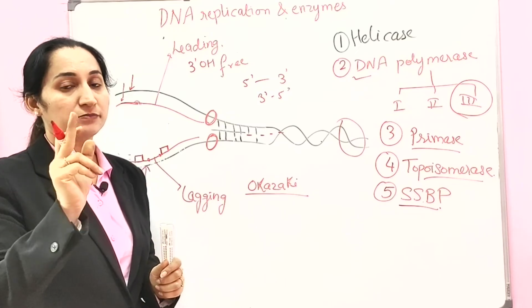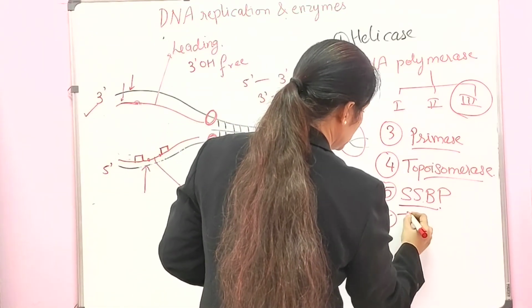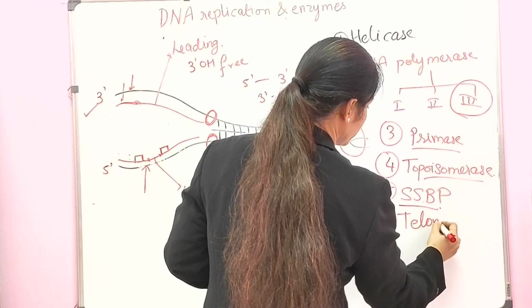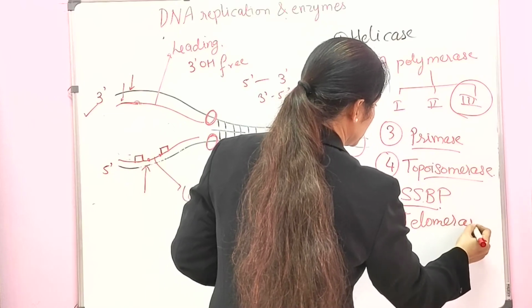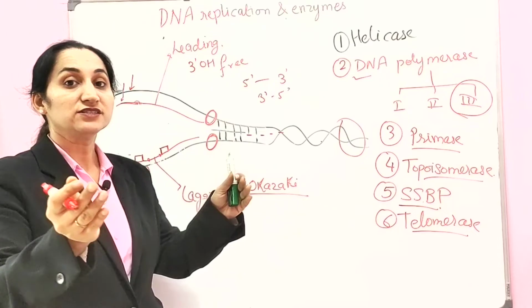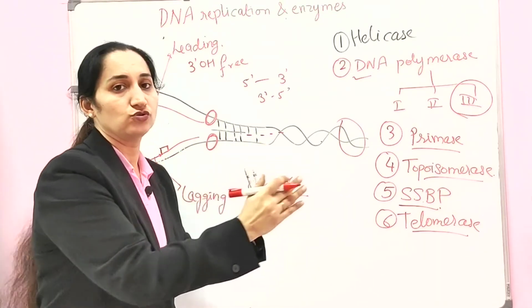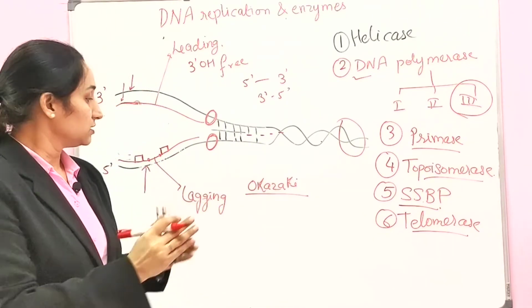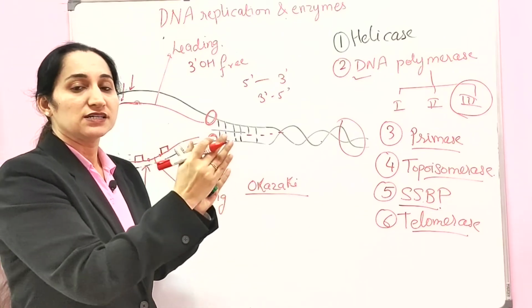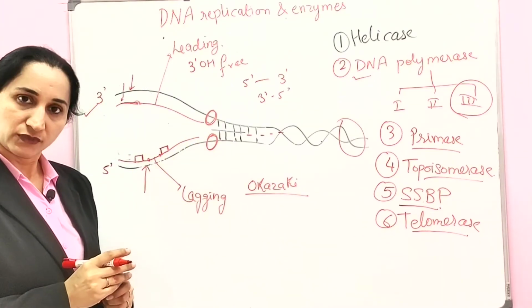So there might be something to help this out, right? That is the telomerase enzyme. This telomerase enzyme has its own template, and it will add a few nucleotides so that the primer gets a space to sit on and replicate the DNA. Okay.